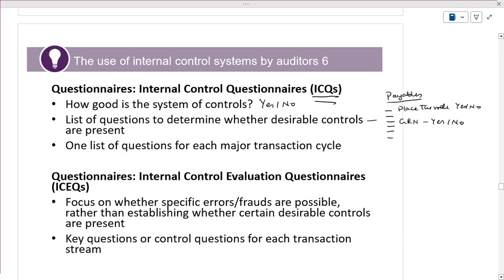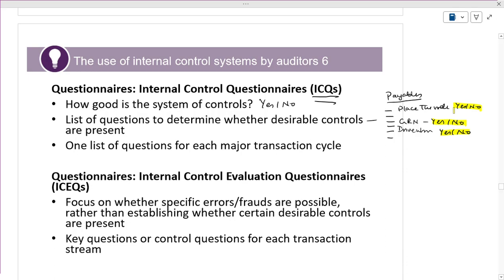We are not going beyond this. We have checked with the inventory, yes or no. We are determining the questions, and we are only focusing on yes or no. One list of questions for each.